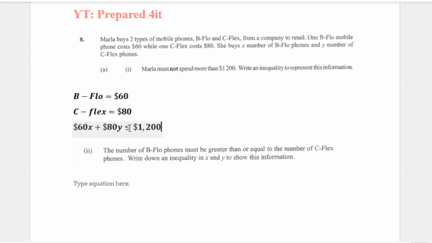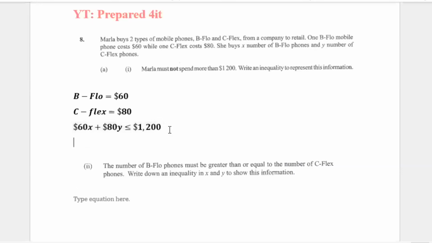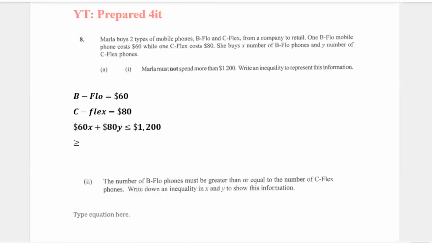Good. If the line was turned the other way, so this sign right here is less than or equal to, if it turned the other way, this is greater than or equal to, which is different from this sign, which is greater than.